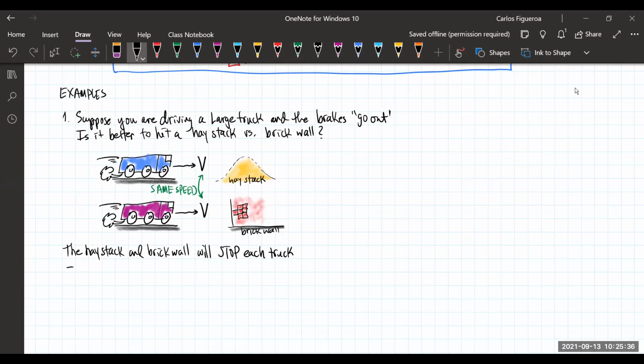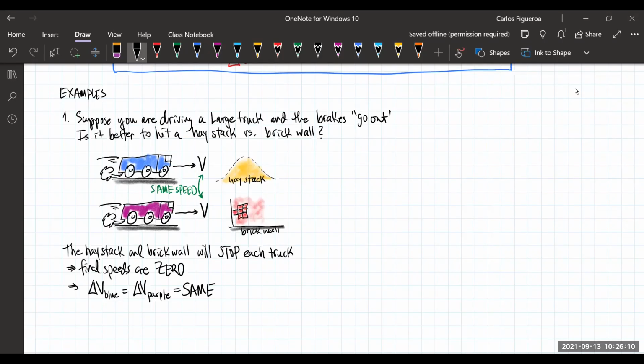So that means their final speeds are 0, which then tells us that the change in velocity between the blue truck and the purple truck is the same. So the change in velocity is not the big part of this issue here.